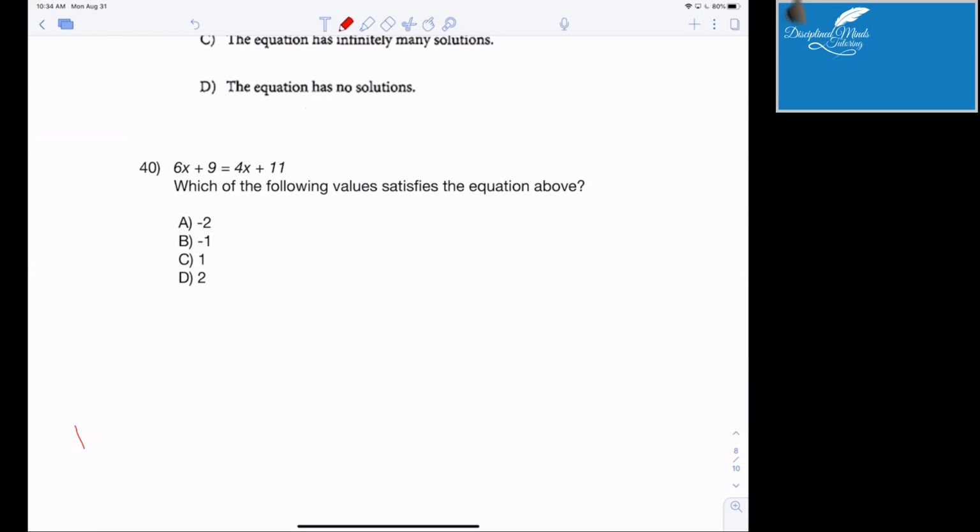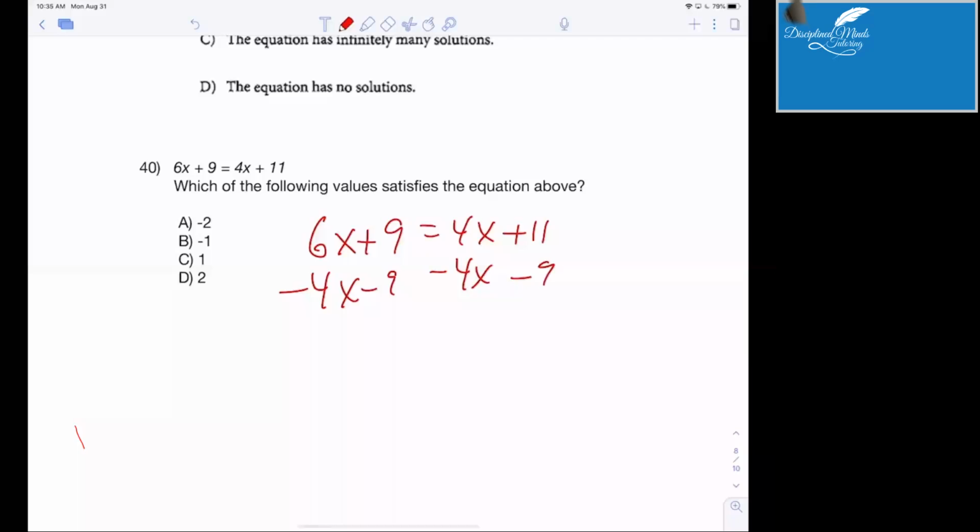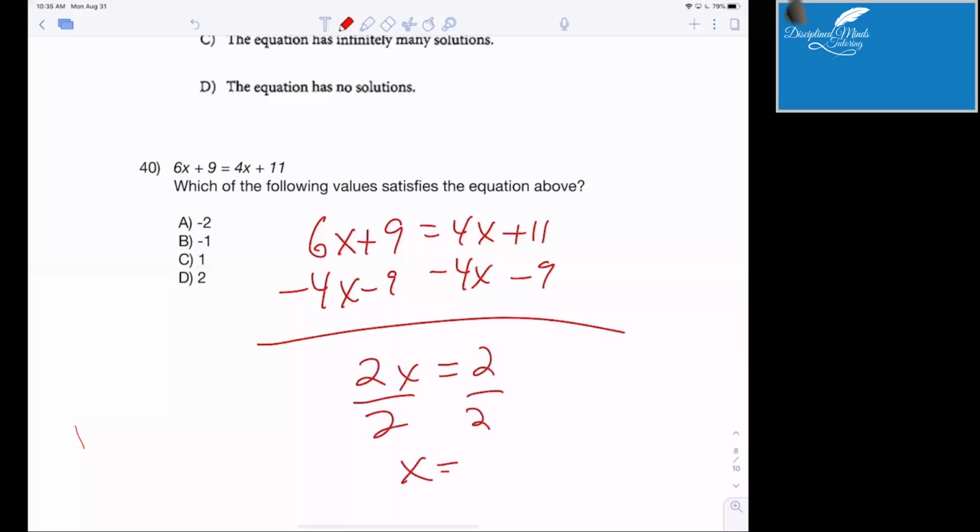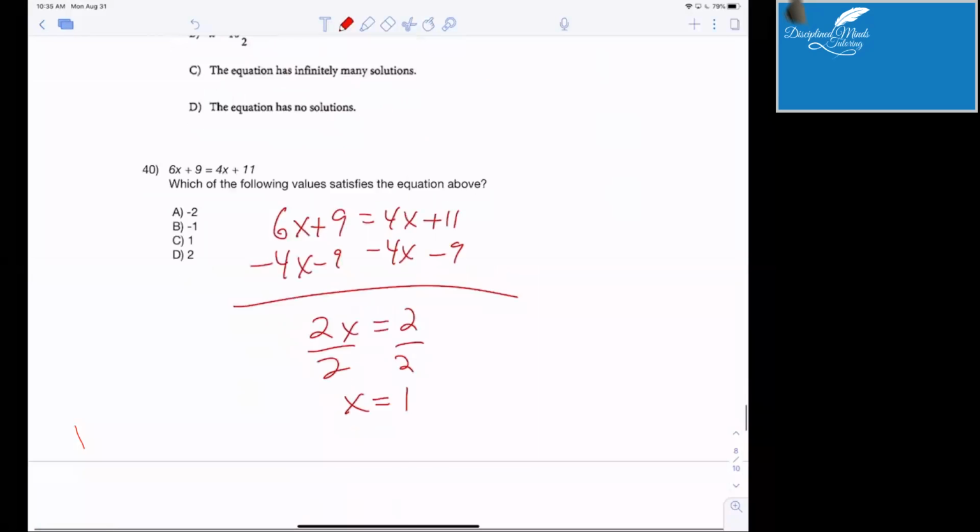I'm waiting for you, Alden. What did you get? C. Beautiful. All right, so let's just review. 6x plus 9 equals 4x plus 11, minus 4x, minus 9. 2x equals 2. Divide by 2. x equals 1. Okay, the end.